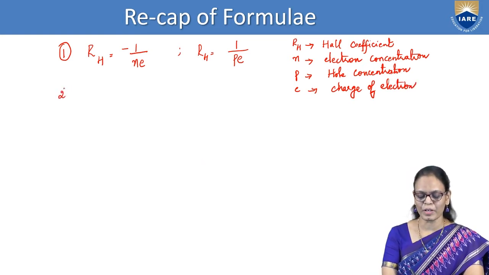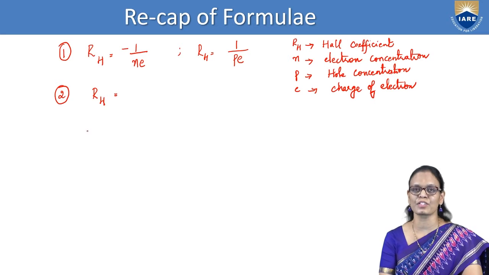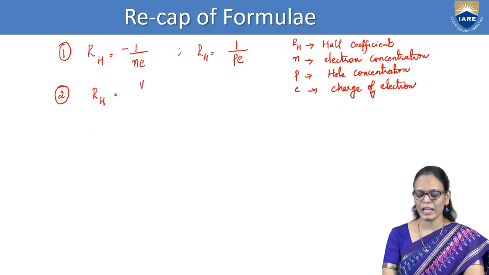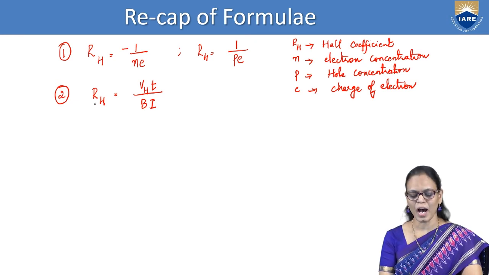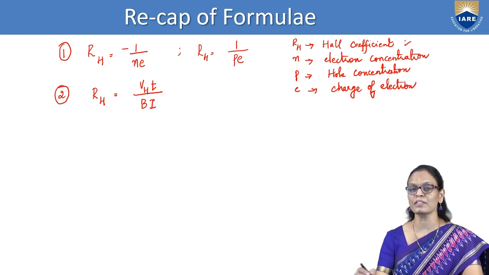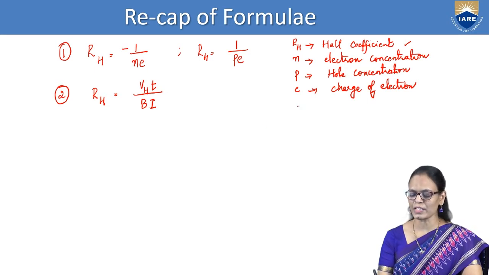Now the second formula is to calculate the value of RH using the Hall voltage. RH is equal to VH into t upon B into I. RH is the Hall coefficient. VH here denotes the Hall voltage.